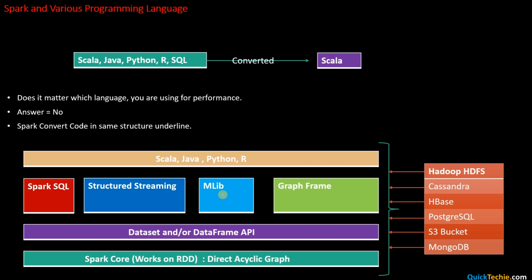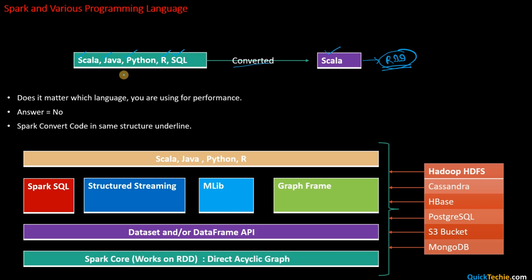Spark in various programming languages. Spark supports Scala, so you can write code in Scala. You can write using Java, Python, R, and SQL. Everything is converted into a Scala-based object, and internally it converts to an RDD. Those RDDs are different from what you can write in your own RDD-based programming. So does the language you use matter, and is performance impacted? No. You can write the program in any language.